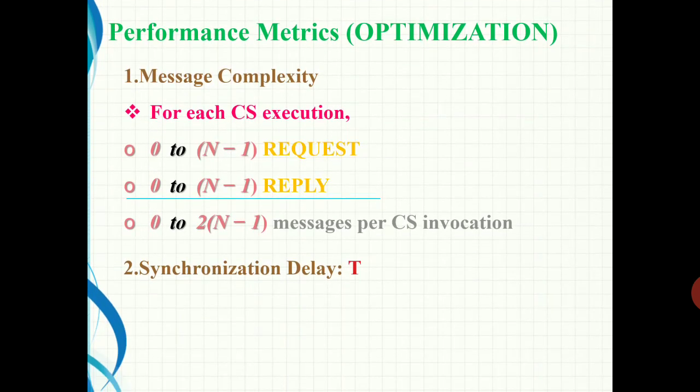So in the modified or optimized Ricart-Agrawala algorithm, the message complexity will be 0 to 2 into n-1, because it needs 0 to n-1 request messages and also 0 to n-1 reply messages. So it is in the range between 0 and 2 into n-1 messages per critical section.